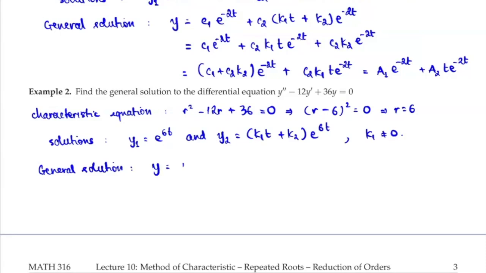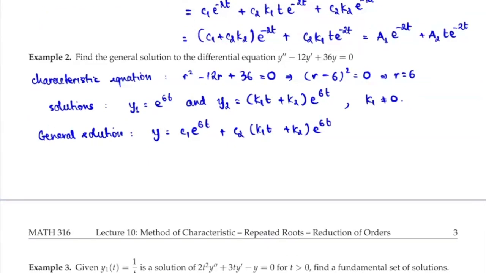Now the general solution is y equal to c1 times e to the 6t plus c2 times (k1t plus k2) times e to the 6t. I'm going to follow the same procedure as before. So distribute c2. I get c1 times e to the 6t plus c2 k1 t times e to the 6t plus c2 k2 times e to the 6t.